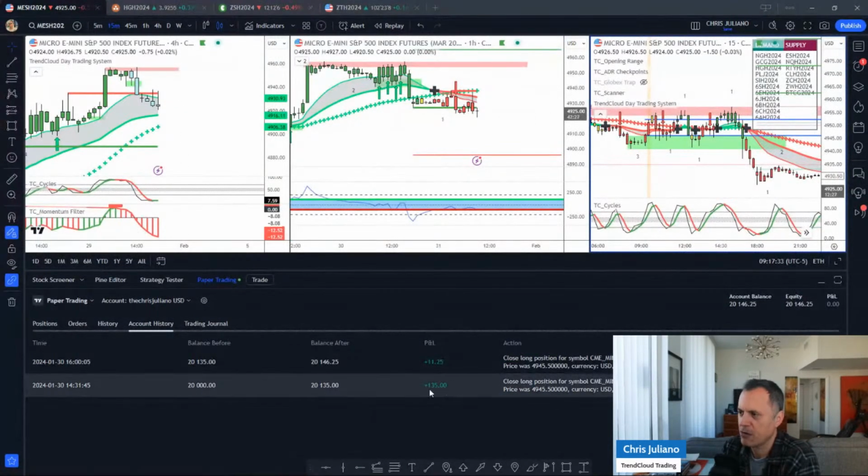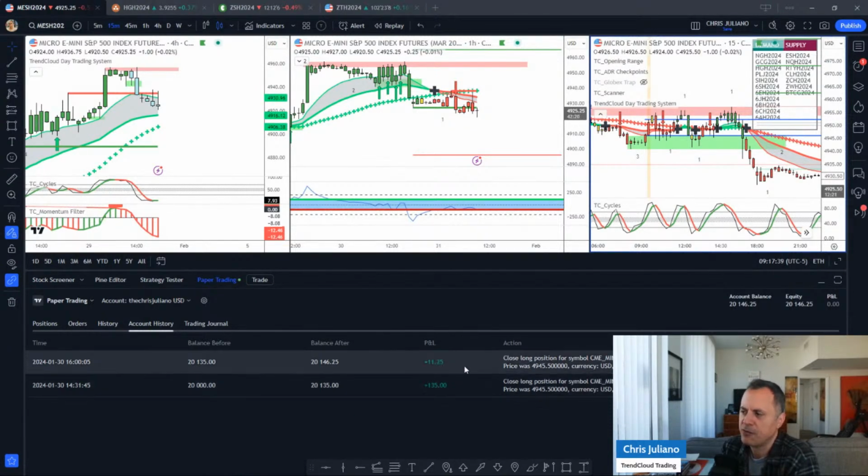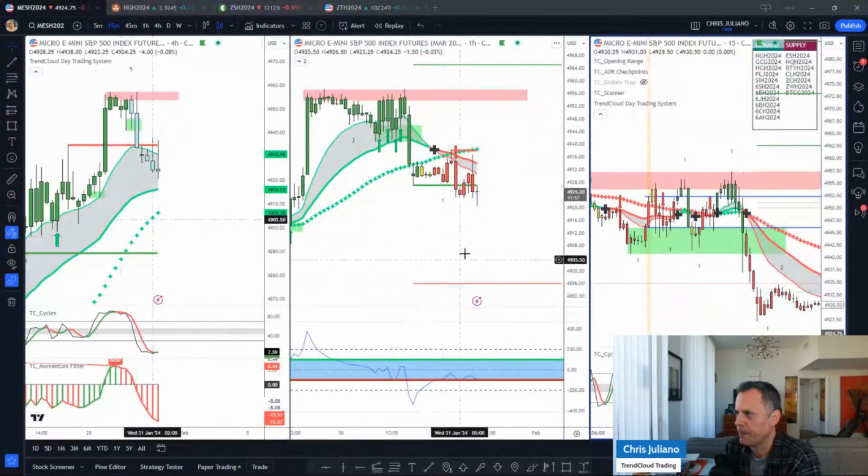So our target 1 was $135, and then we were going to follow the rest of the move. That one last contract, we were going to follow it to the moon, right? And that didn't happen. The moon didn't happen. It pulled back and stopped us out at a little bit more than the entry, just above the entry. So there you go.